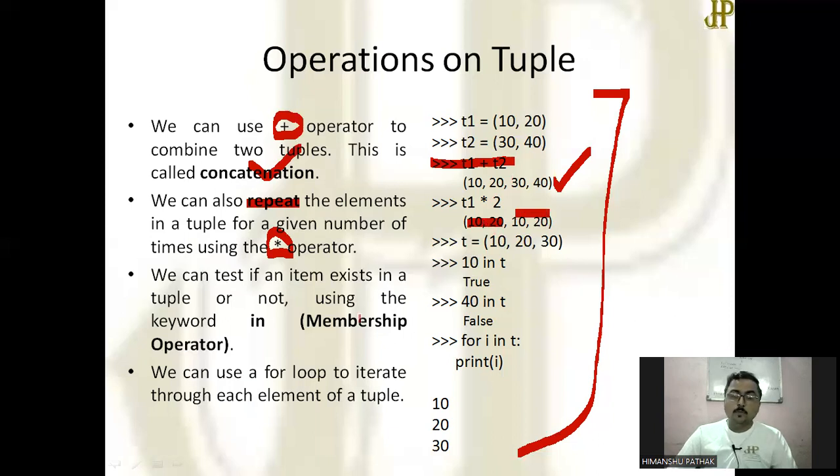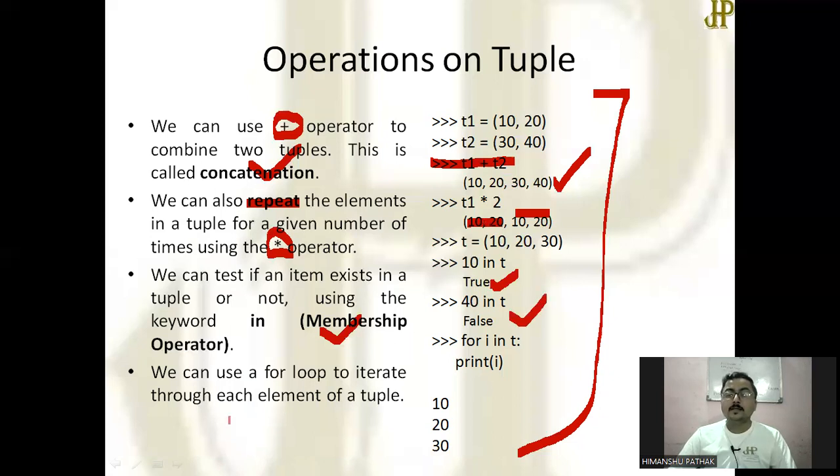The membership operator to check whether an element is present in the tuple or not can be used. Like this, 10 in T, yes, True will be printed. 14 in T, no, there is only 10, 20, 30 present. So False will be printed.